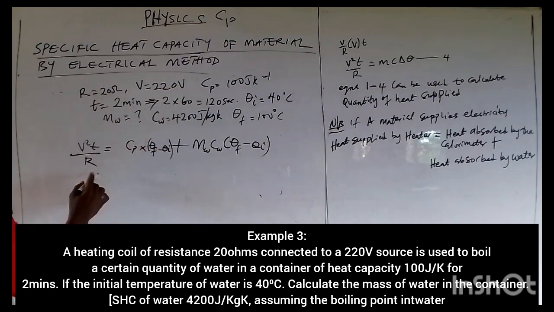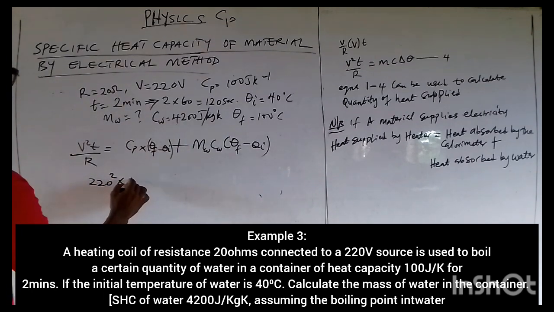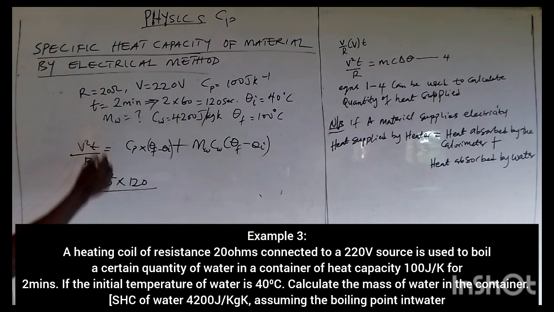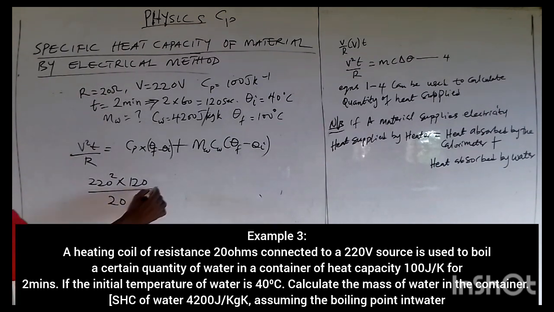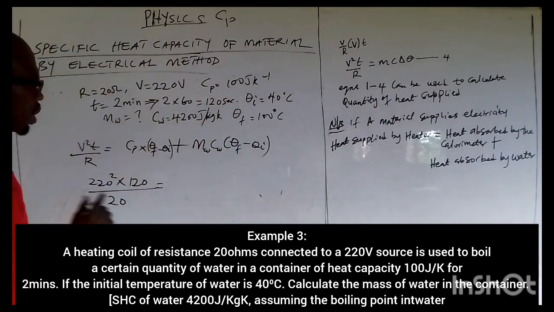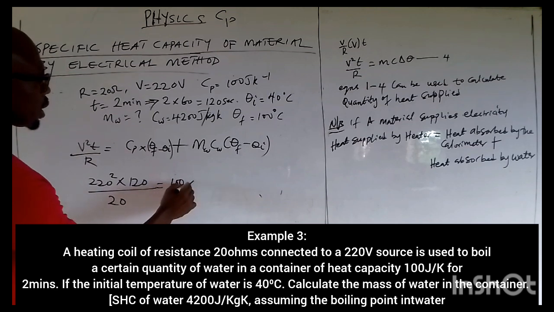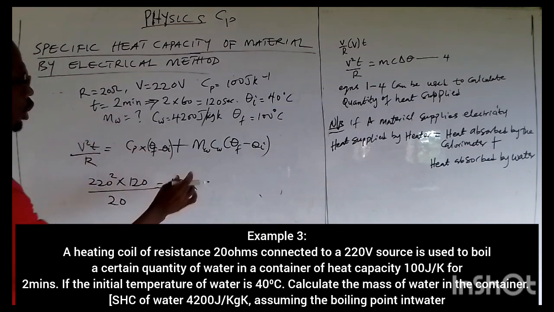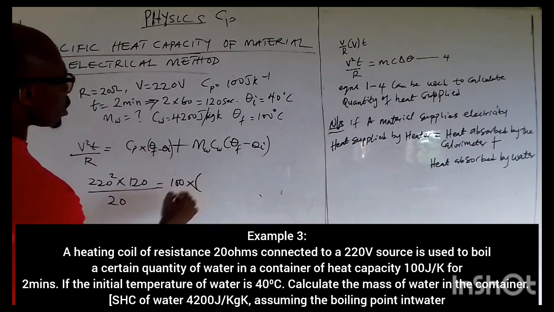So V is 220 squared times time. Time is 120 all over R. R is given as 20, equal to heat capacity given to us, which is CP, 100 times temperature change, final temperature minus initial temperature.